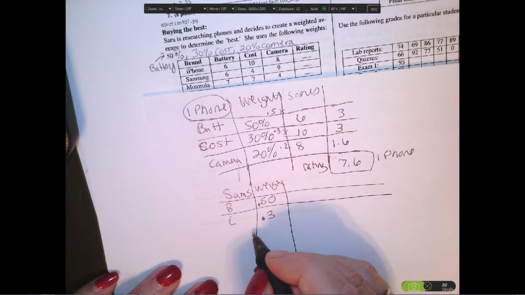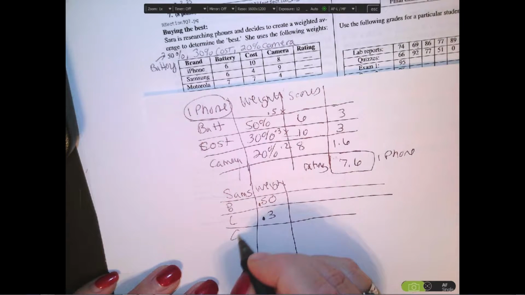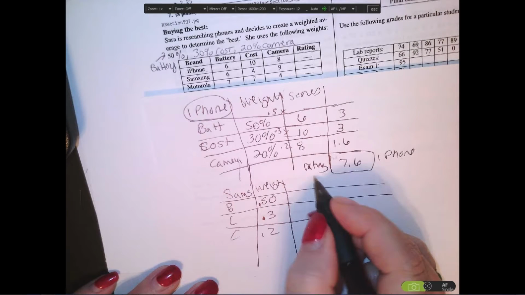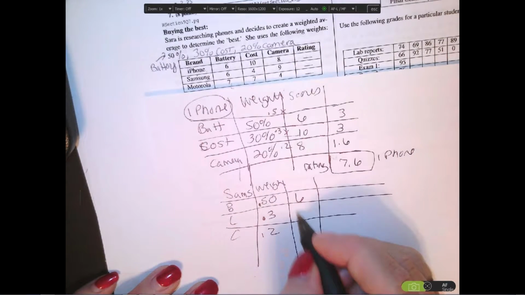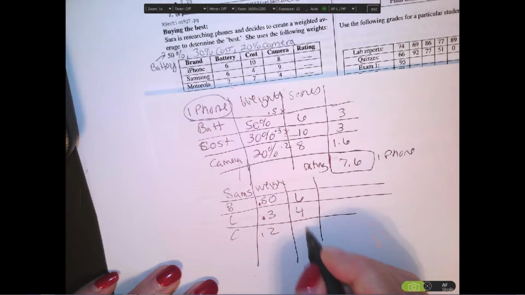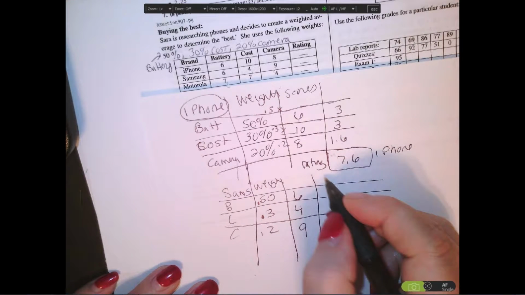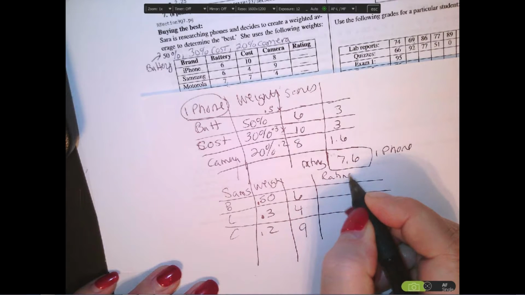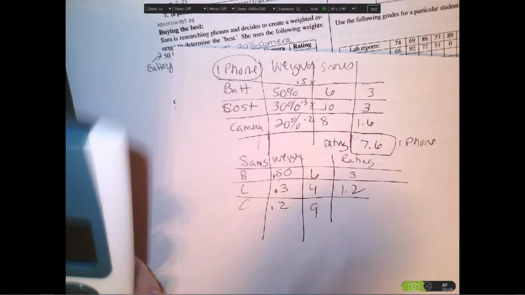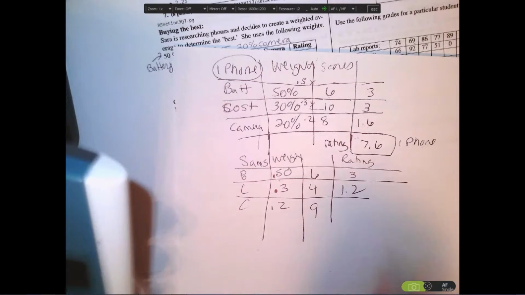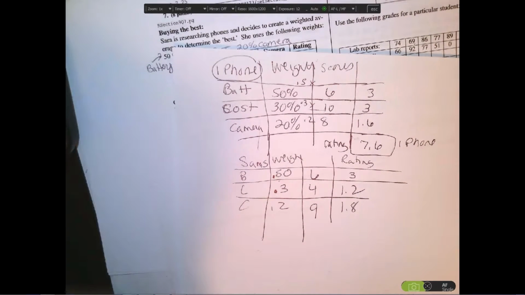Cost was 0.3. Camera was 0.2. Samsung's rating was a 6, a 4, and a 9. Okay. 0.5 times 6 will give us 3. 0.3 times 4 will give us 1.2. 0.2 times 9 will give us 1.8.